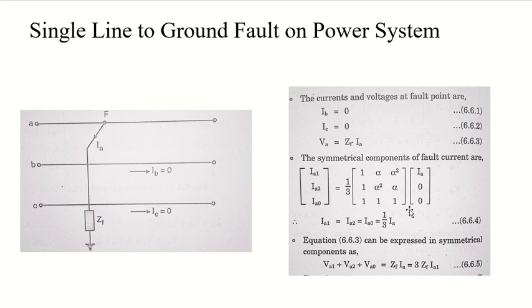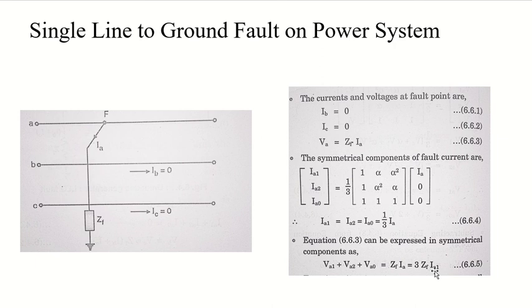If you want to express it in terms of symmetrical components, because now you know the value of IA in terms of symmetrical components, you can represent it this way: VA1 plus VA2 plus VA0, because VA is basically the sum of VA1, VA2 and VA0, is equal to ZF into IA. Now you know the value of IA, which is equal to 3 into IA1, so you will simply write 3 ZF into IA1.